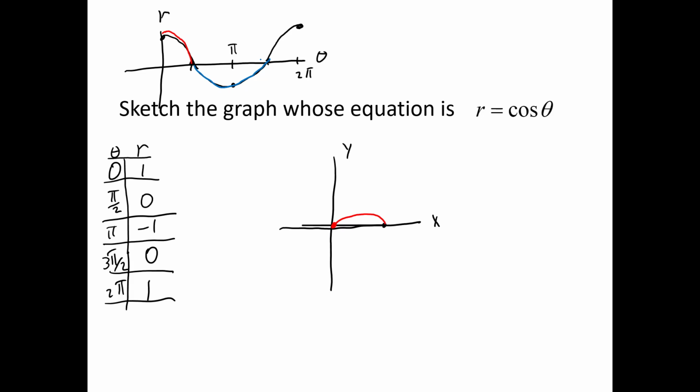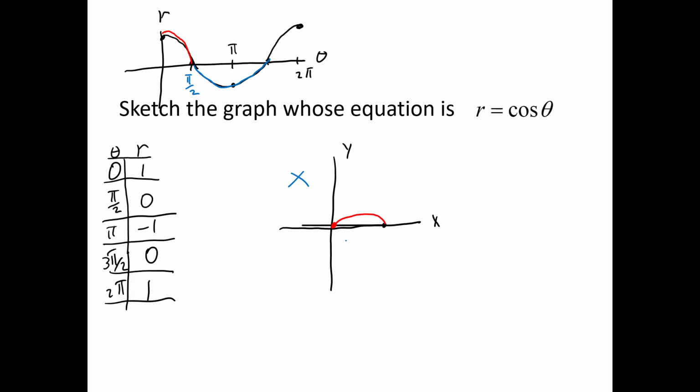That means that when we're going from pi over 2 to pi, instead of my points being over here in quadrant 2, because my angle is in quadrant 2, my points will actually be in quadrant 4, because they have negative r values.